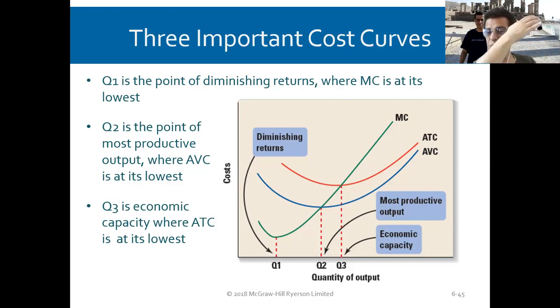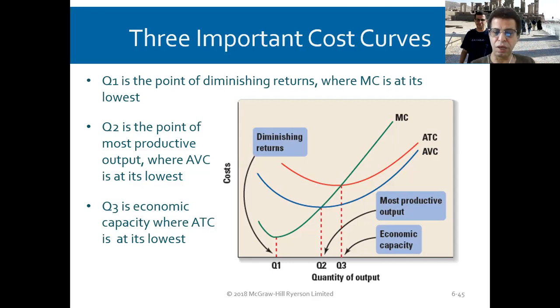So as the variable costs keep decreasing, it's good for the business. But the minute the variable cost starts increasing, that's where it starts getting bad for the company, because the marginal cost starts increasing with one more unit.